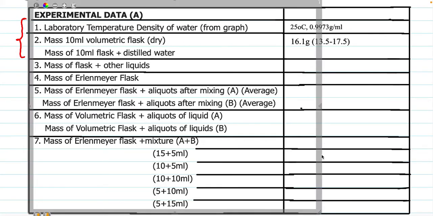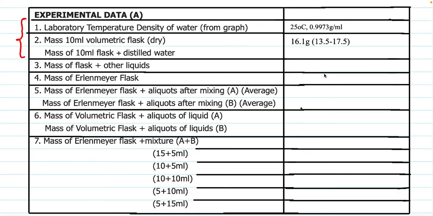Okay, now for this second one, the mass of the flask when you fill the 10 mL flask with water, we have 26.1 grams. But some persons' values definitely will not correspond to 26.1.